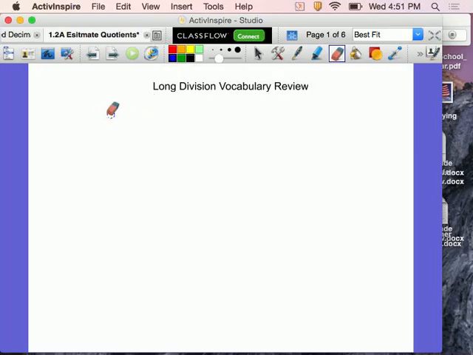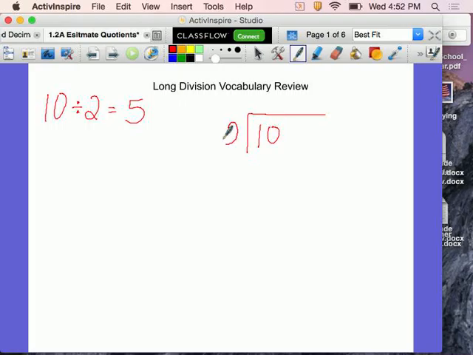It confuses me. So let's do 10 divided by 2 equals 5. Or you could write it, and this is always confusing for us, 10 divided by 2, so I put 10 in the house, and 2 does the dividing, and 5 is the answer.